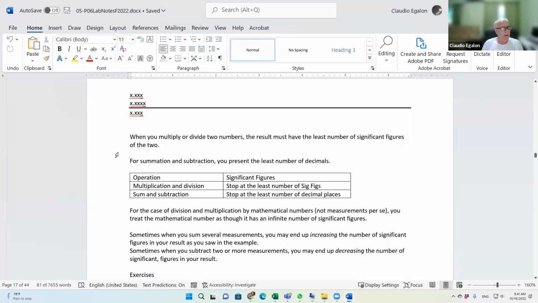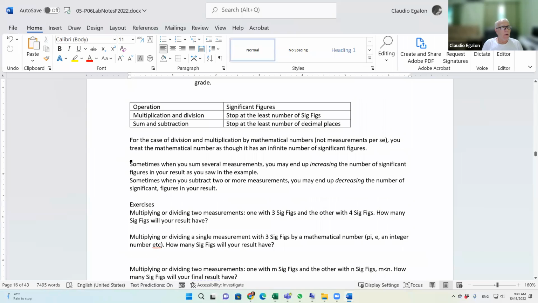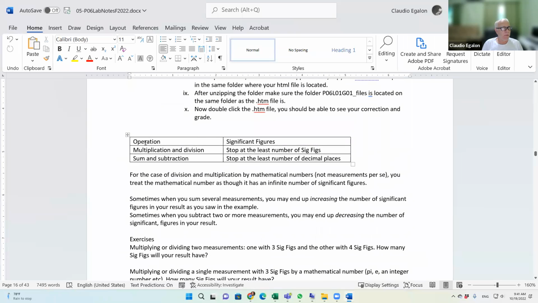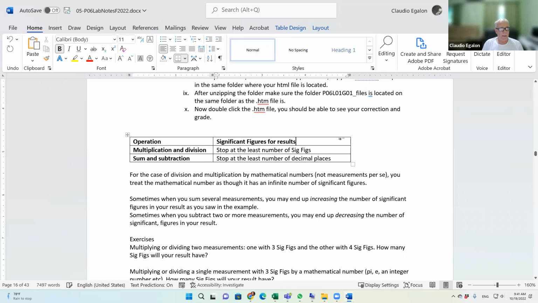Okay, here's a little table that I don't want to delete. Operation, right, for significant figures. I'm going to emphasize the fact that, okay, operation: significant figures for results, okay? And significant figures for measurements.